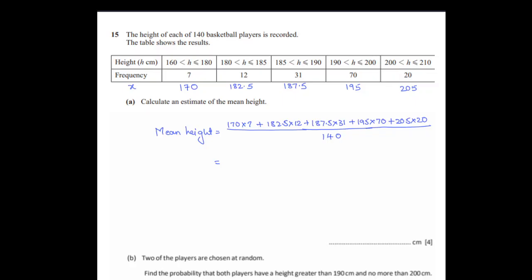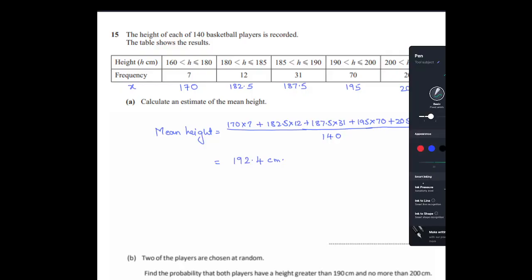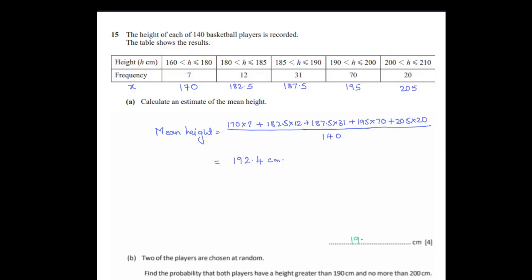That gives 192.436. So 192.4 centimeters we can write. This is the mean height. Question A is done.